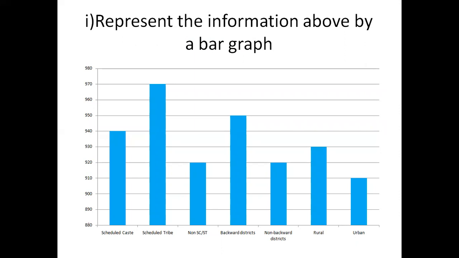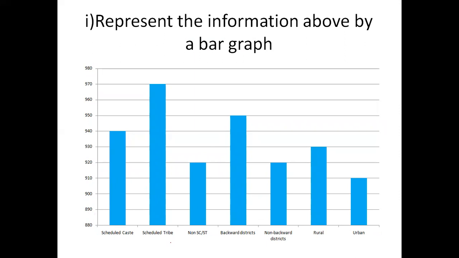We could start it with 880 and end with 980. Scheduled caste was 940, then scheduled tribe was 970, then non-SC/ST 920, backward districts 950, non-backward 920, rural was 930 and urban was 910. So this way you have to represent the data.